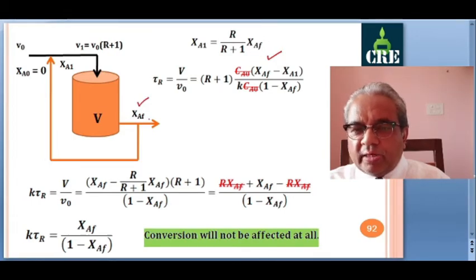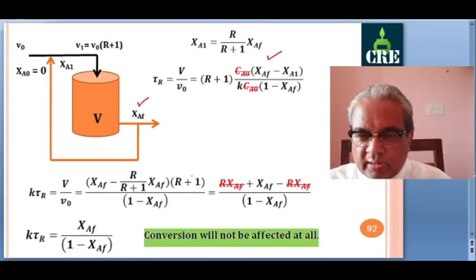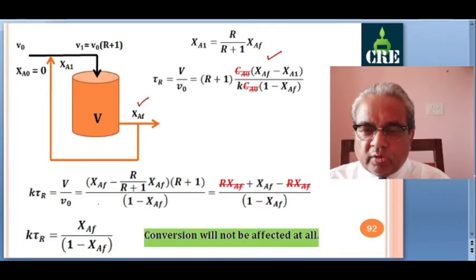In terms of XAF we can write XA1 as R by R plus 1 into XAF. This is multiplied by R plus 1. In the denominator we have only 1 minus XAF left. If I multiply this XAF by R plus 1, it is R XAF plus XAF, and this term multiplied by R plus 1, the R plus 1 cancels out, and you get minus R XAF. So R XAF cancels out, and we are left only with XAF by 1 minus XAF.